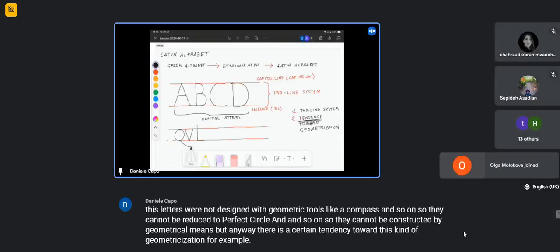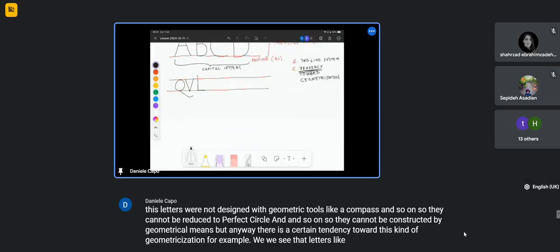For example, we see that letters like L, E, F, etc., form a right angle.